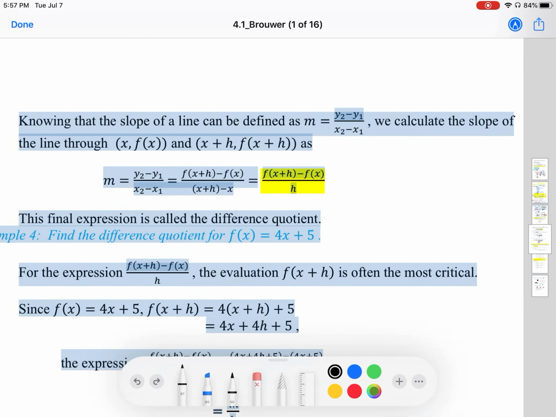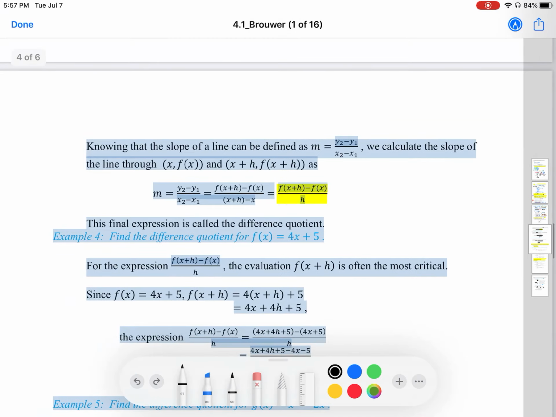Knowing that the slope of a line can be defined as m equals y2 minus y1 over x2 minus x1, we calculate the slope of the line using our new points. And once we simplify it, we're left with this formula. This formula here is your difference quotient.